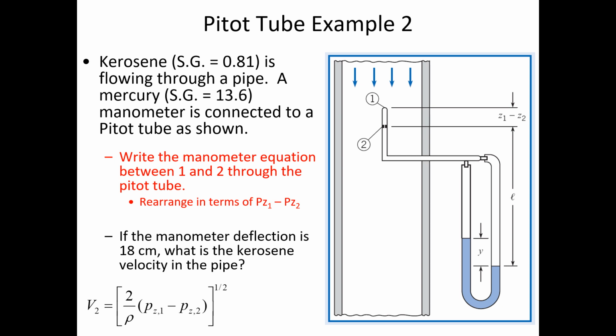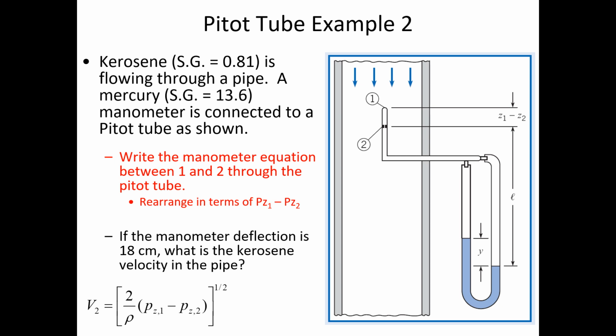So now if we group it, it says here in red, rearrange in terms of PZ1 and PZ2. So remember that PZ1 means P1 plus gamma Z1. And PZ2 will be P2 plus gamma Z2.